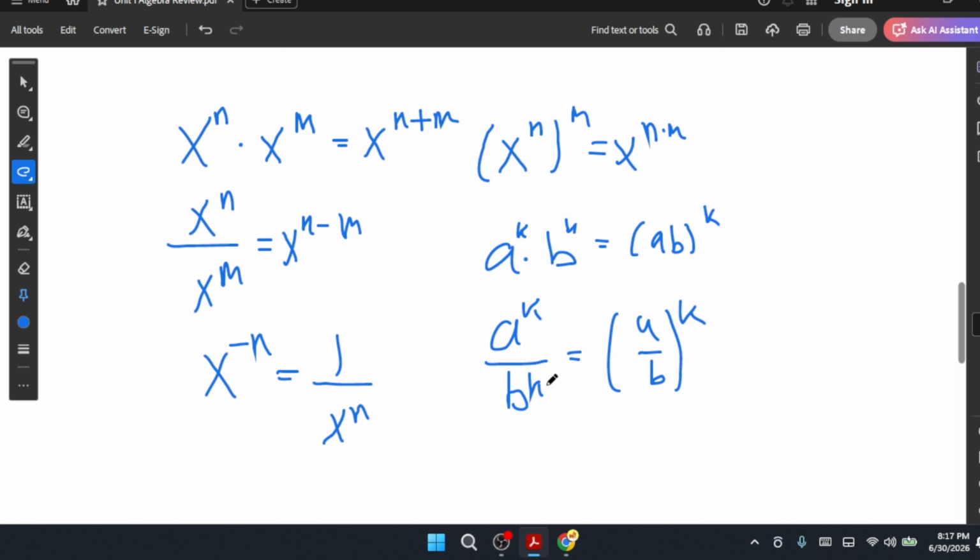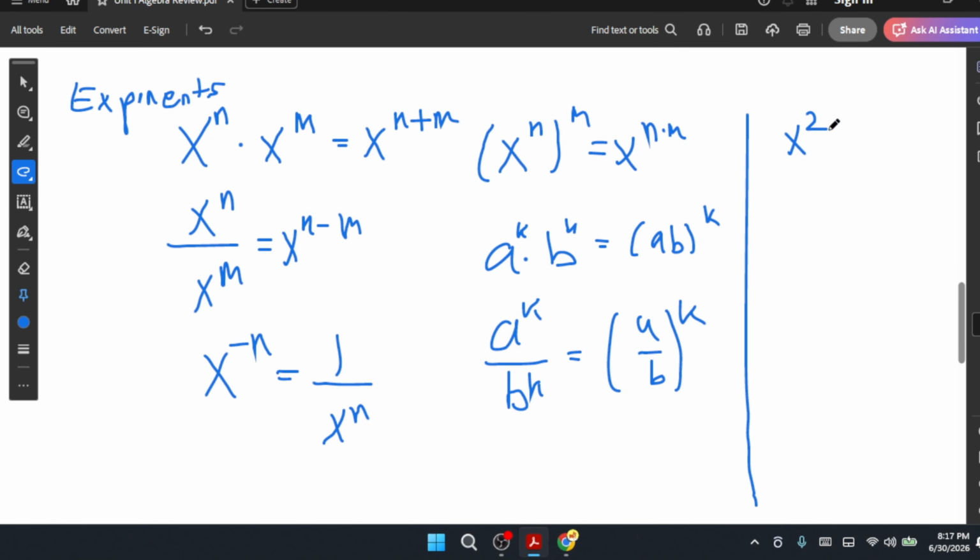Okay, and well, that's it for the exponents. So this is the exponents. Let's take an example.